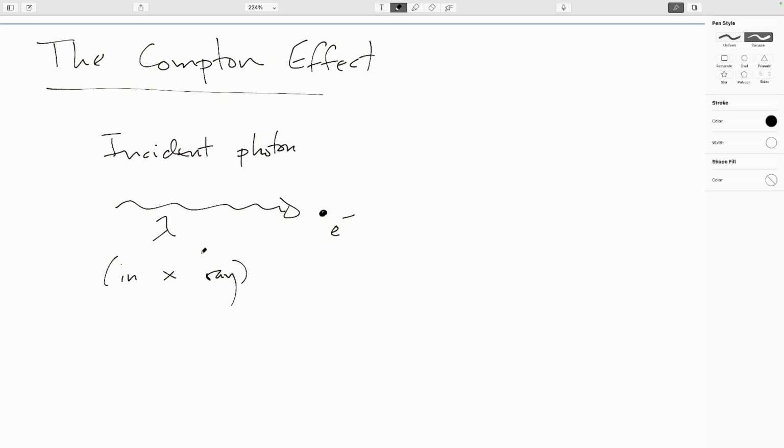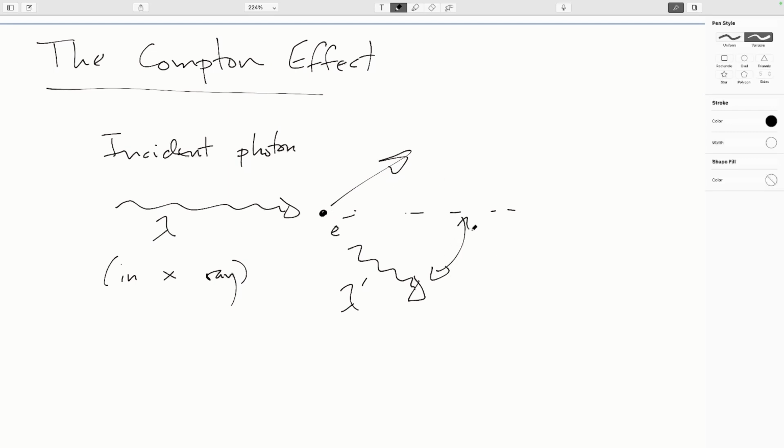Since we can treat the light as a particle, we can go ahead and do two-dimensional momentum conservation. So the electron scatters off this way, and the photon scatters off this way. And it will be at a different wavelength because it lost some of the energy to the electron.